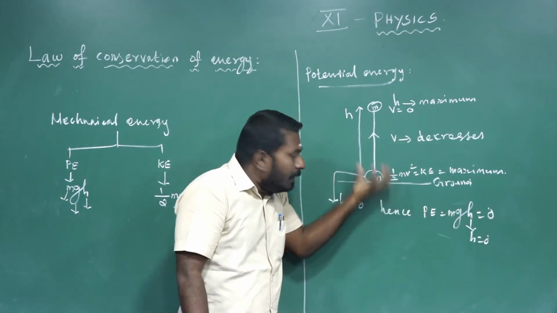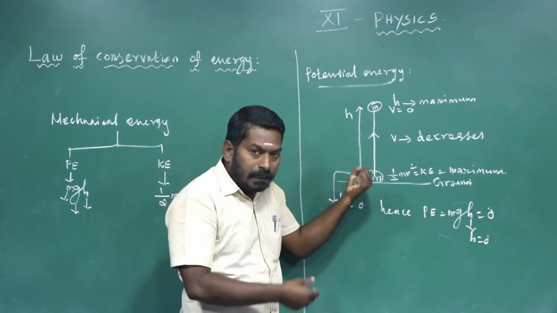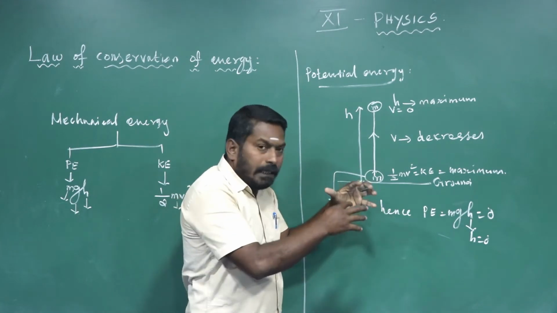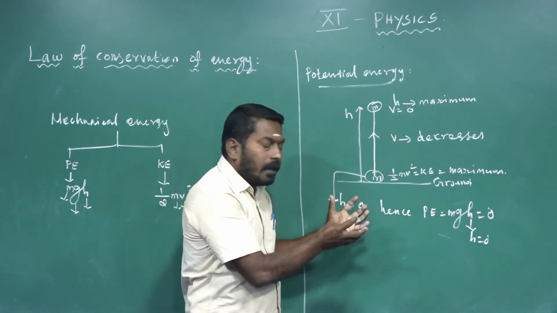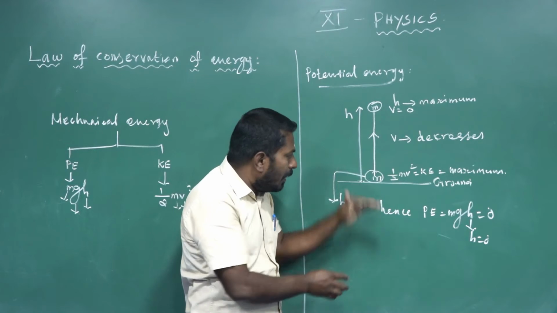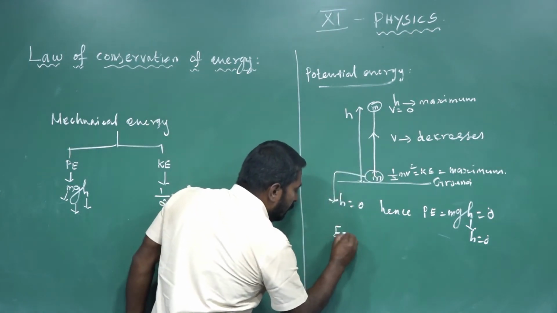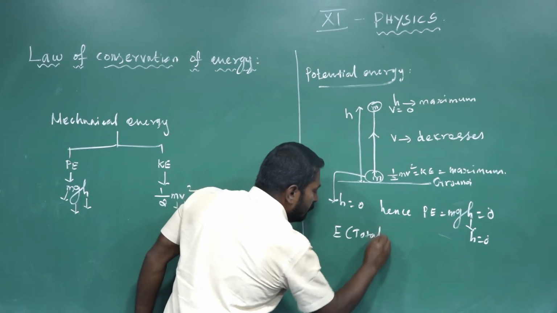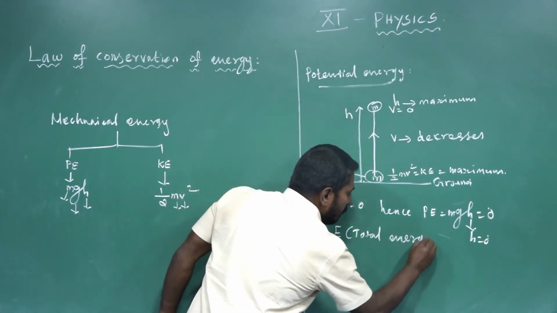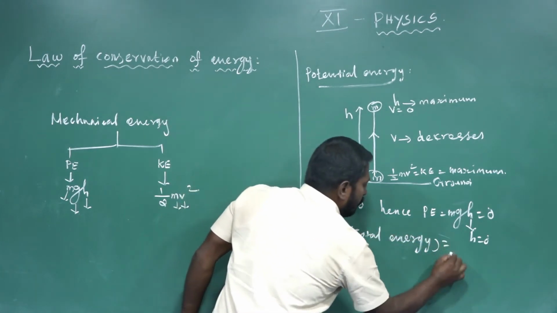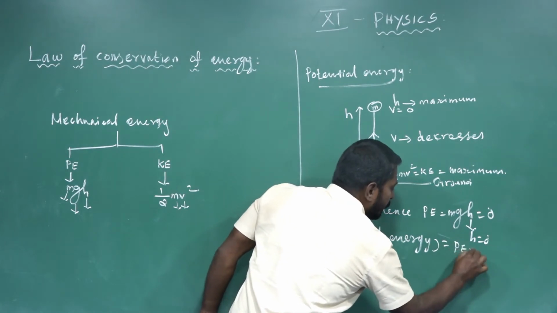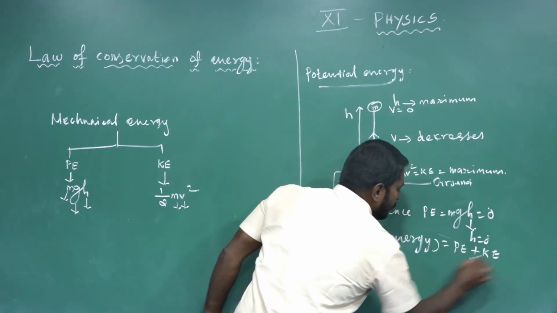Here, the body is acted upon by a conservative force like gravitational force. The total energy of the system remains constant. The total energy E is equal to the sum of its potential energy and kinetic energy.